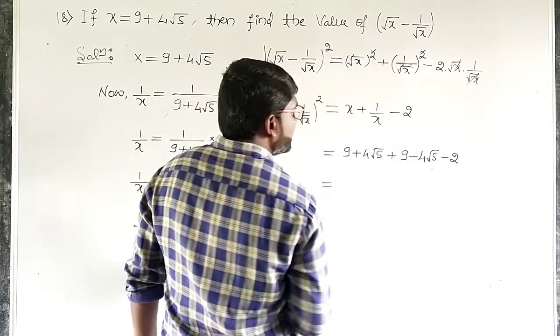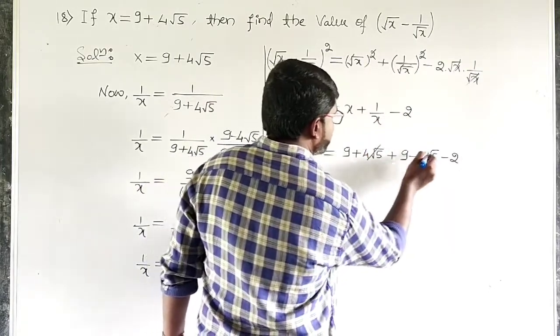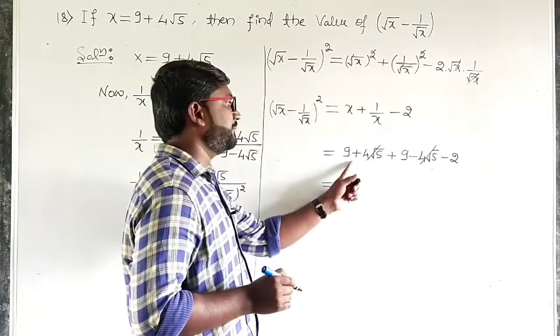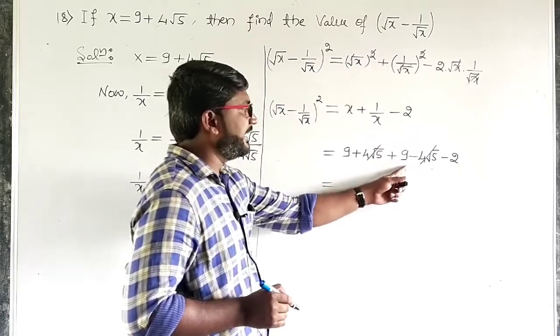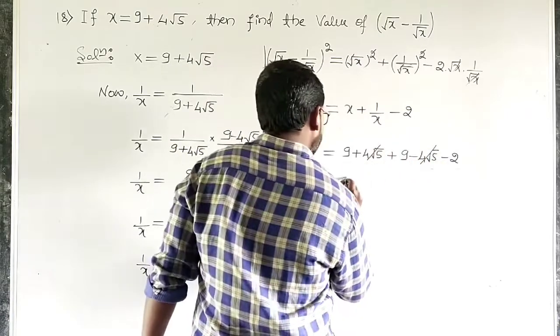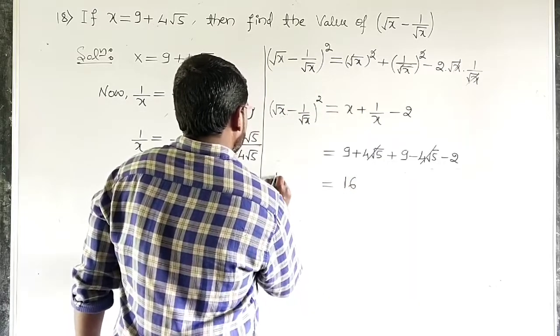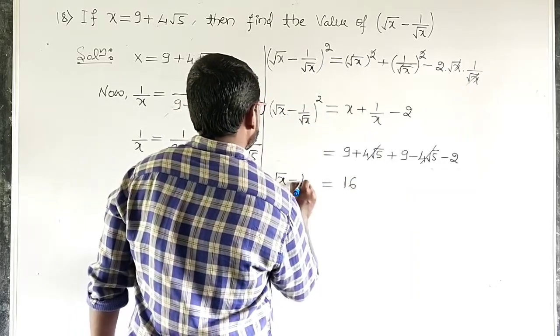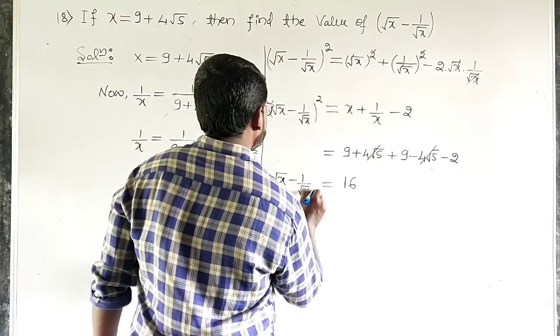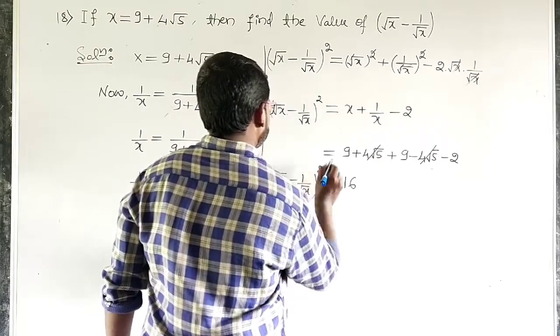So here plus 4 root 5 minus 4 root 5 get cancelled. 9 plus 9 is 18. 18 minus 2 is 16. So this is the value of root x minus 1 by root x the whole square.